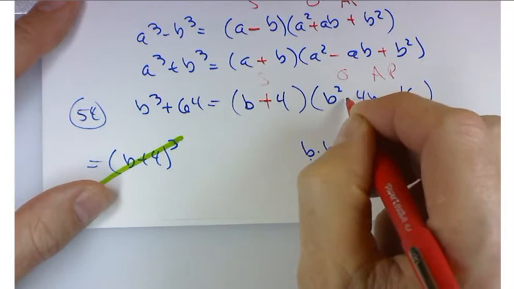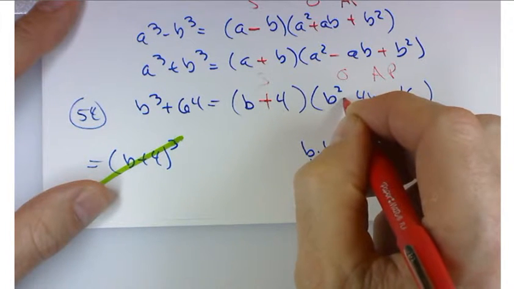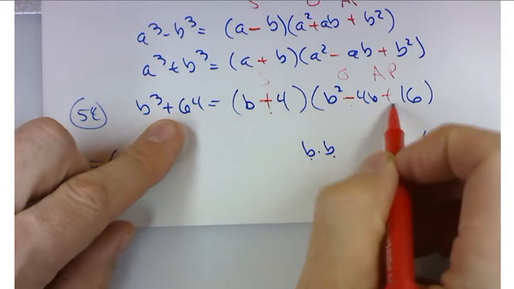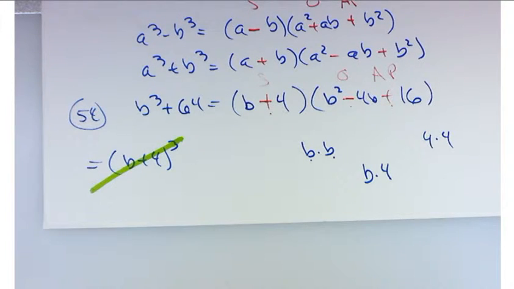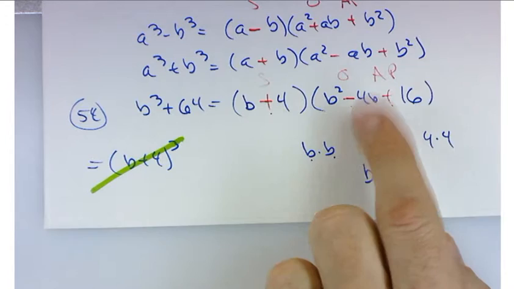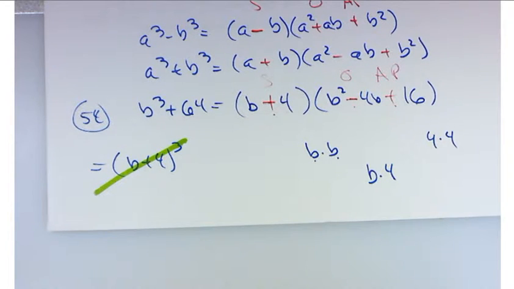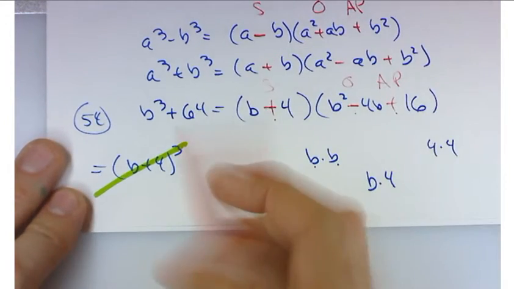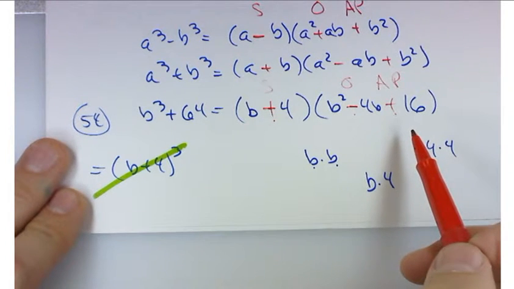Good. Same sign, opposite sign, always positive. And that's it. This will not factor anymore. You're just going to be stuck with a trinomial, and that's it. Any thoughts on problem 54 here? Yeah.